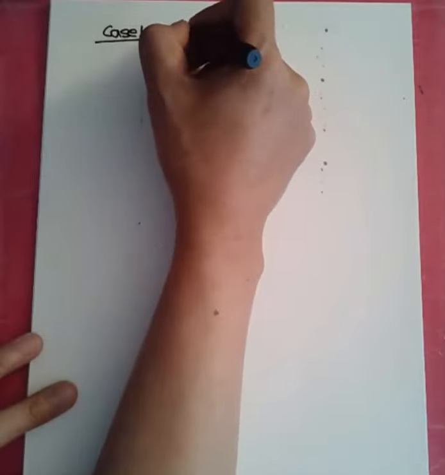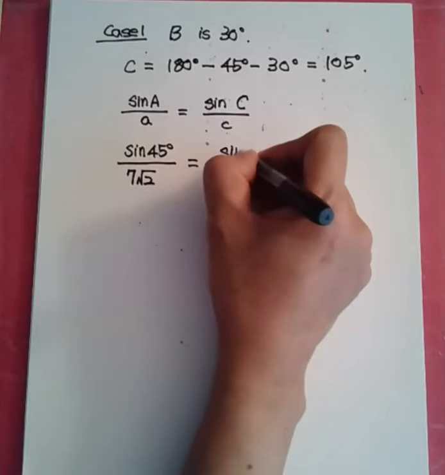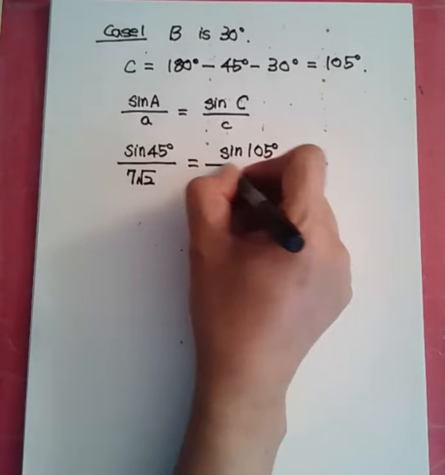So sine of A over A equals sine of, this time we want to think about C over C. Then sine of A, the angle A was given as 45 degrees, so sine of 45 degrees over the side length A, 7 square root of 2, equals sine of C, 105 degrees, over C, which is unknown.